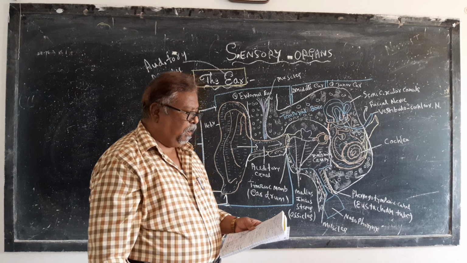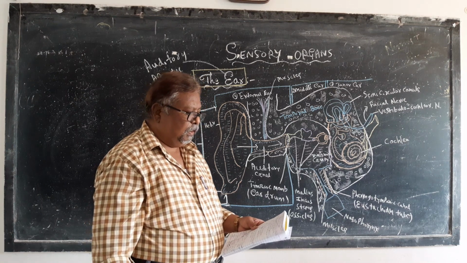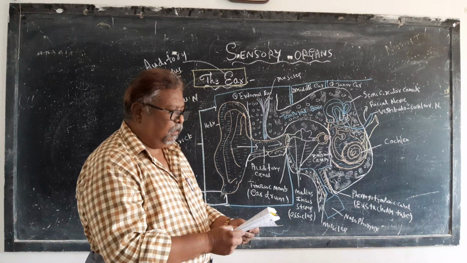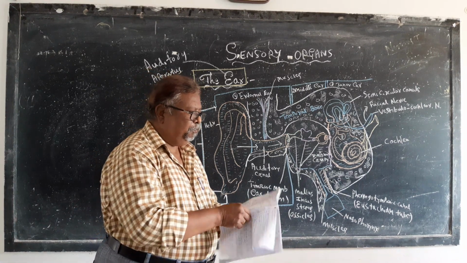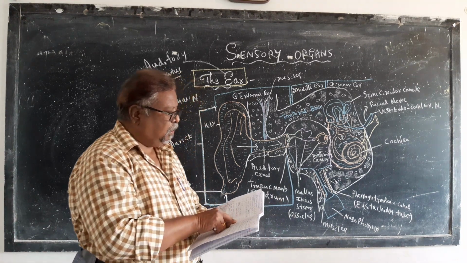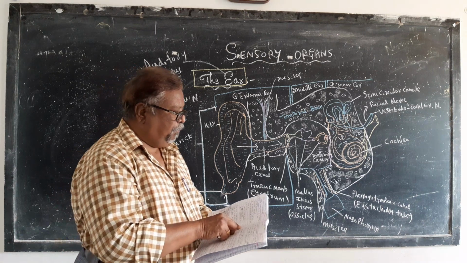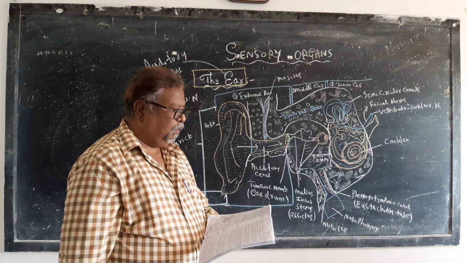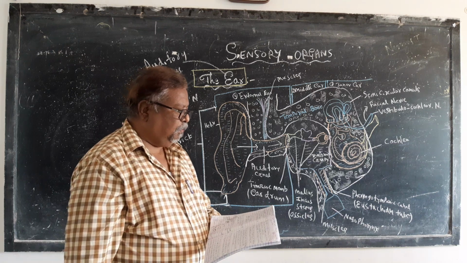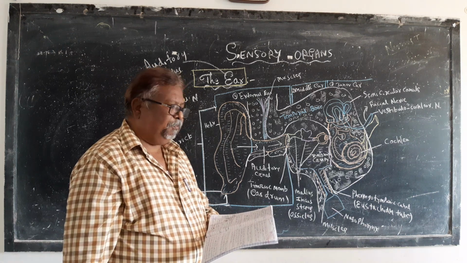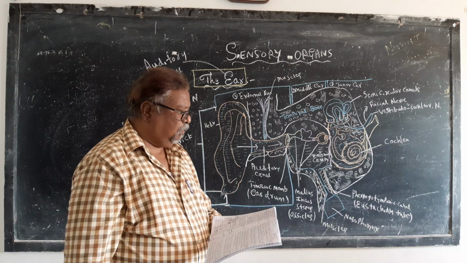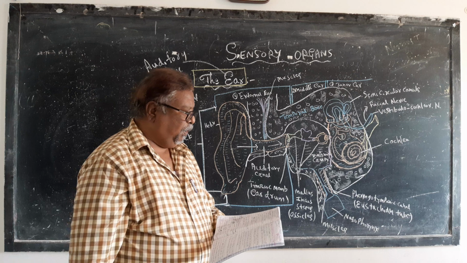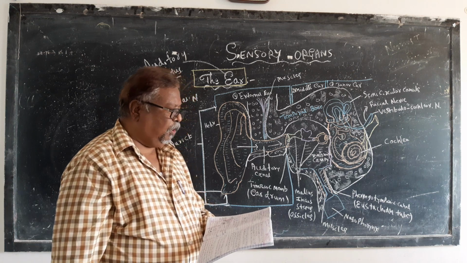Now coming to the tympanic membrane, it is a thin, semi-transparent, pure white oval membrane, situated at the posterior end of the auditory canal.